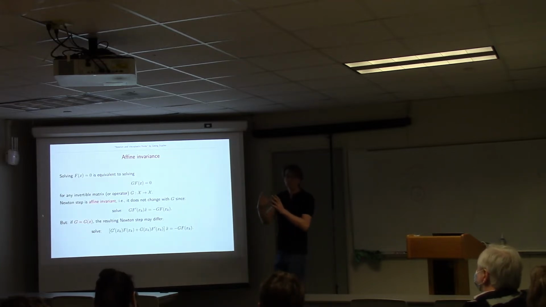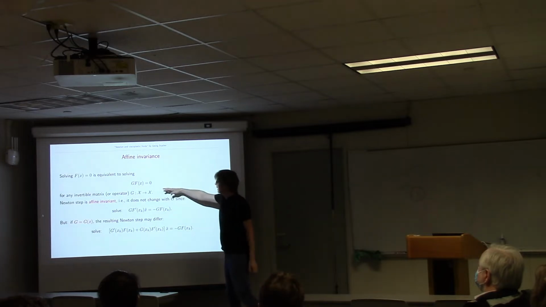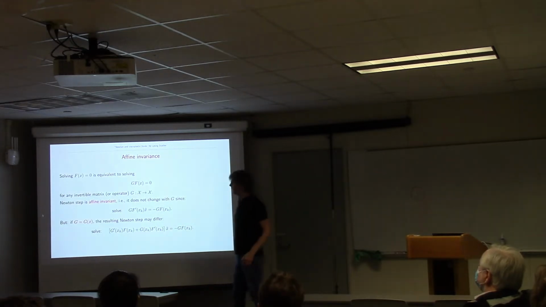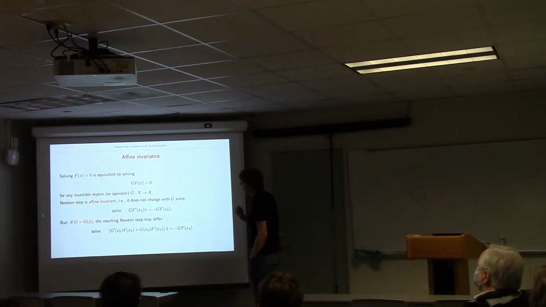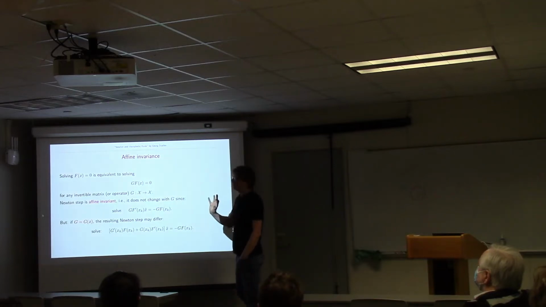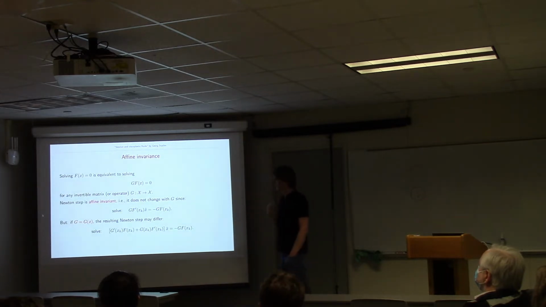That would be nice, easier in the sense that this convergence radius is larger. You could ask this for any invertible matrix or operator. But it turns out that's not working, because Newton's method has a property called affine invariance. That means if you have an affine transformation of your equation, meaning a linear transformation, the Newton update remains invariant, it doesn't change.